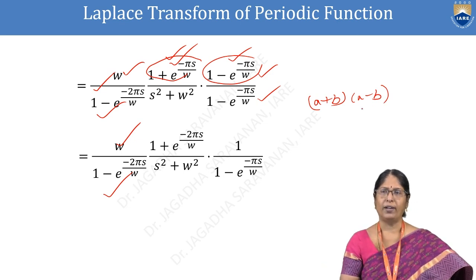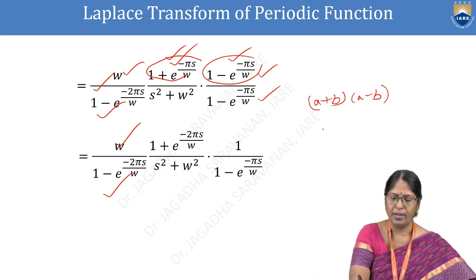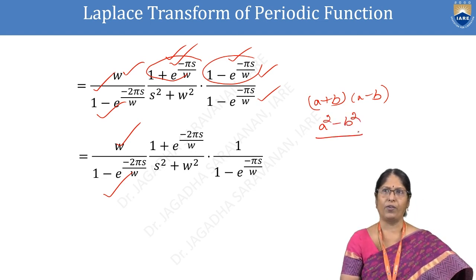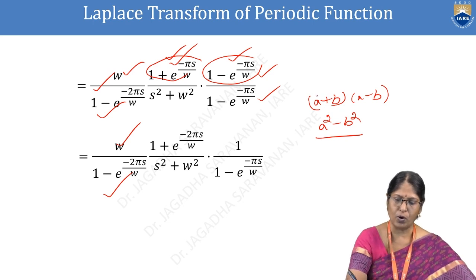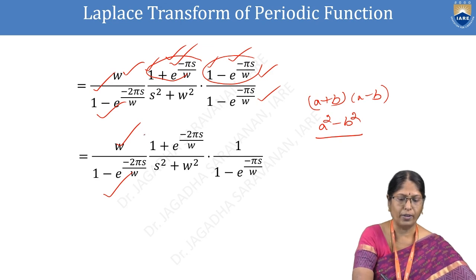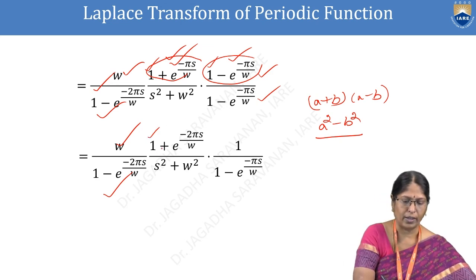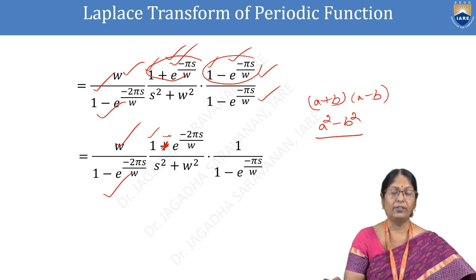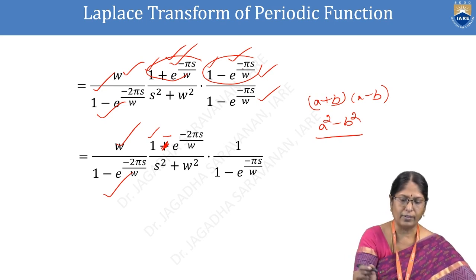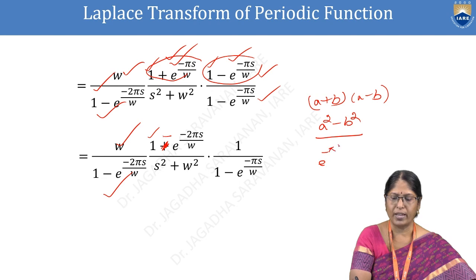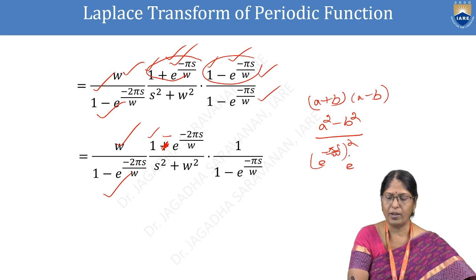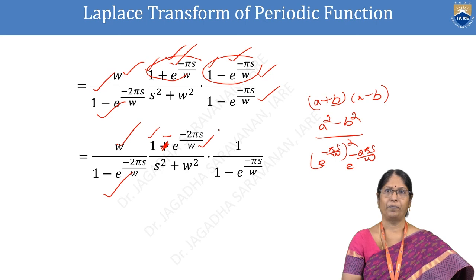We know the simple algebraic formula, a square minus b square. Here a is our given 1, so 1 square minus, and this e power minus pi s by w, the whole square, is nothing but e power minus 2 pi s by w.